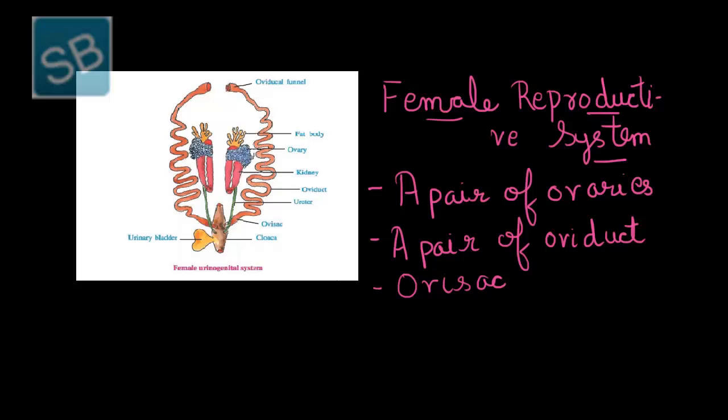Ovaries enlarge during breeding season and produce ova. Each ovary is situated at the anterolateral region of the kidney. It is attached to the kidney via mesovarium.